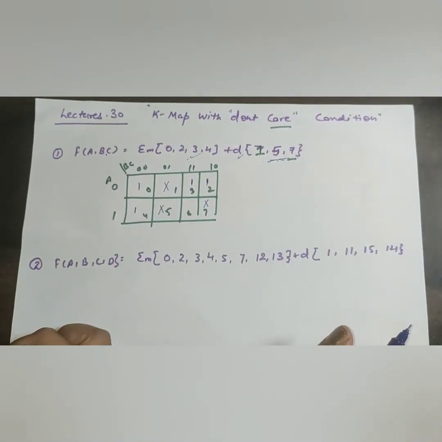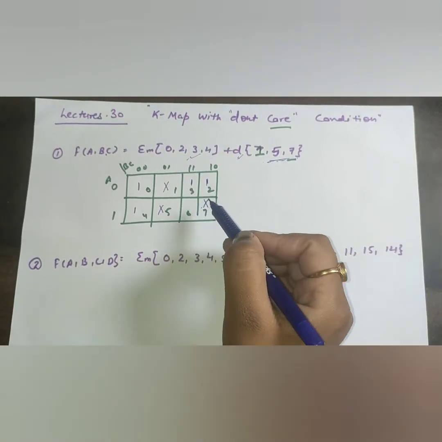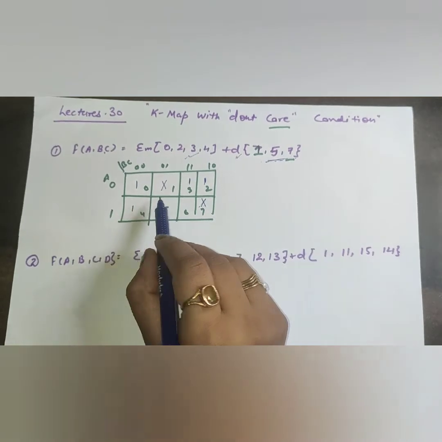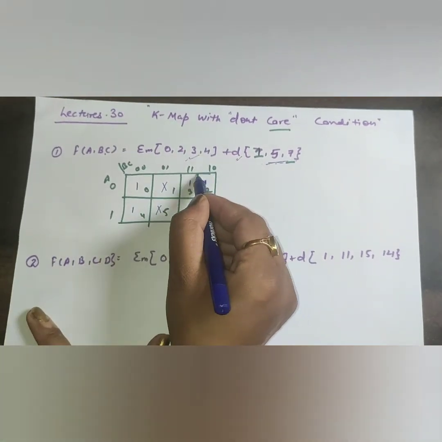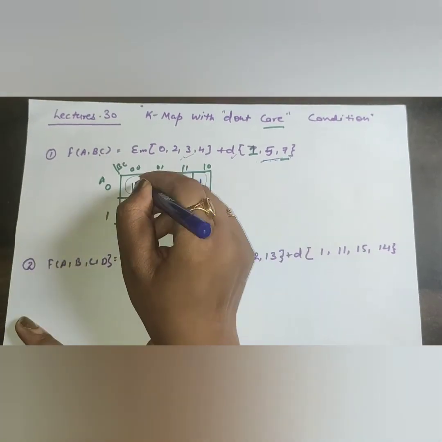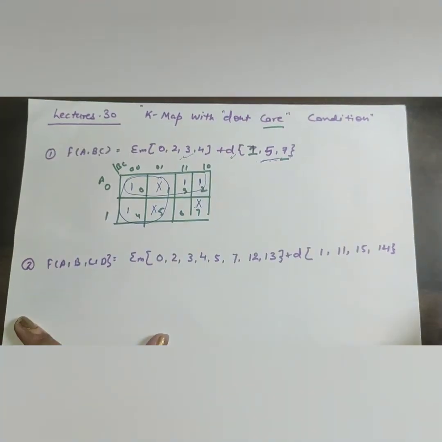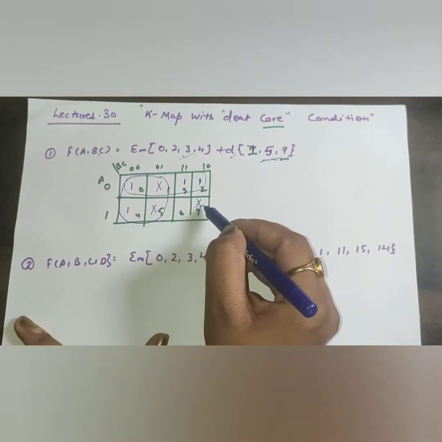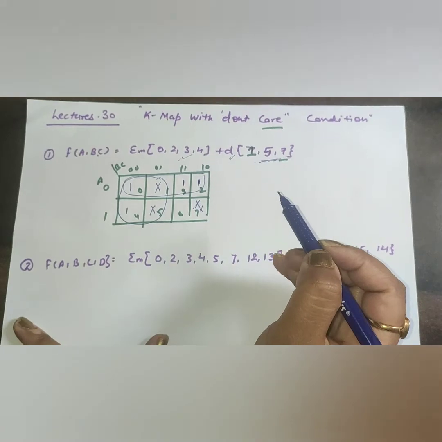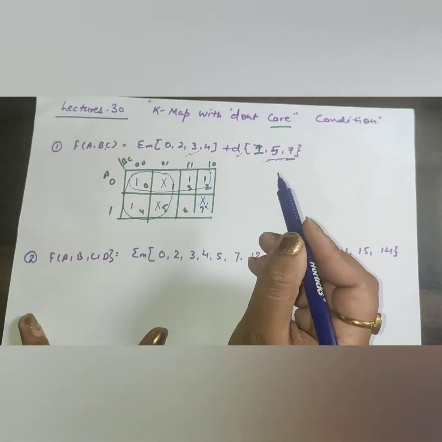These don't care conditions can be used to make the groups, but cannot be considered as a prime implicant. So we can make the group of 4 like this, and we can make one group like this, and we can leave the remaining don't care condition because all the ones are considered in some group.